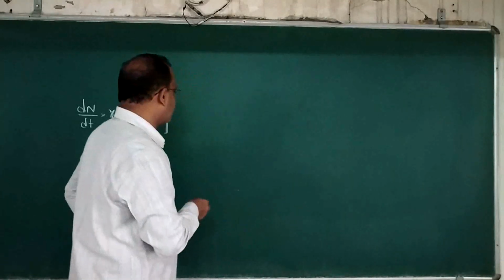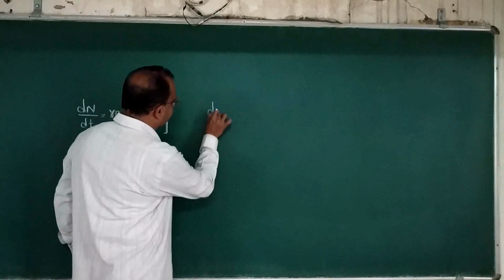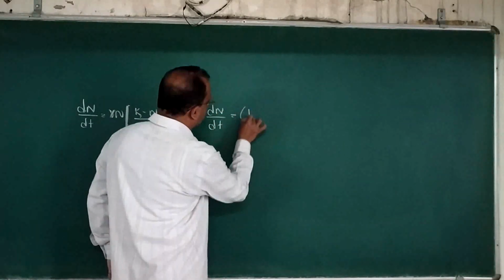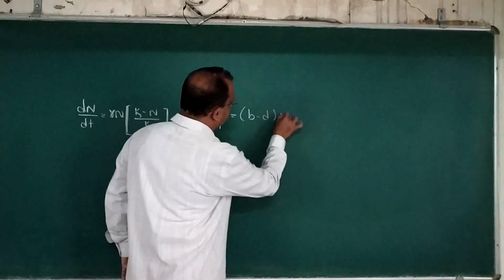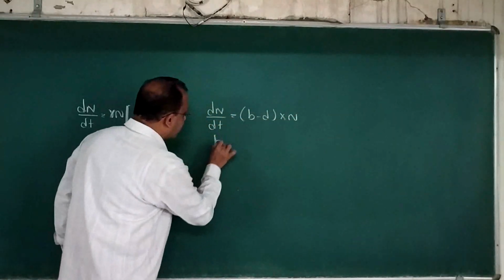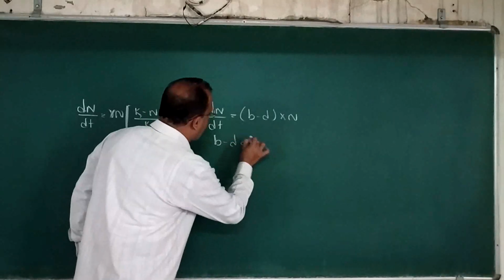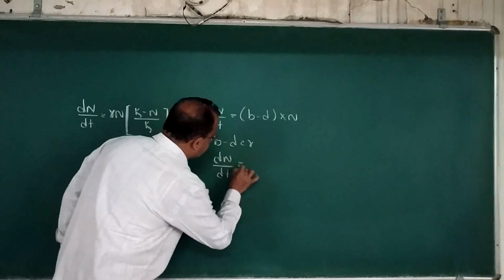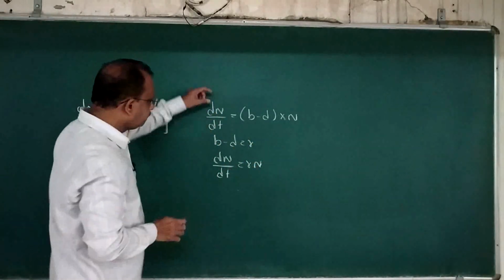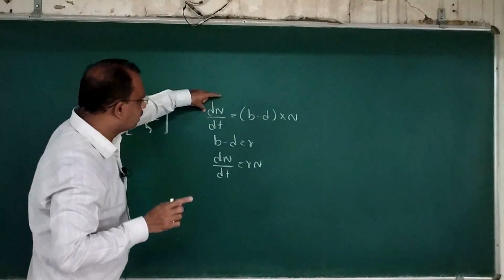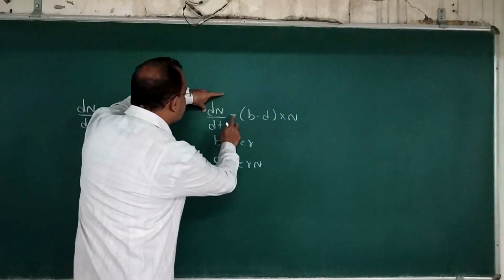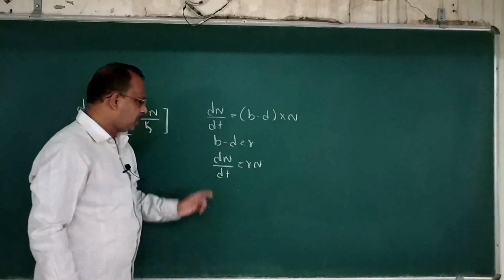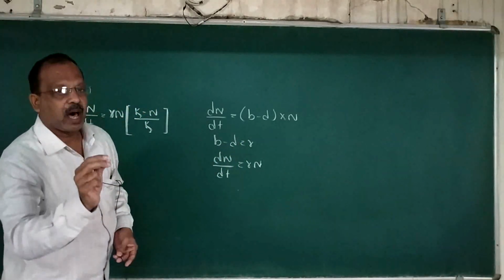Followed by that you have come across the formula dN/dt = (b - d) × N. b - d is equal to r. Therefore dN/dt = rN.